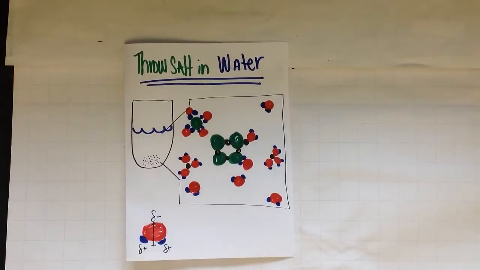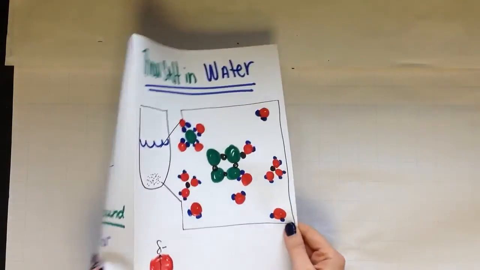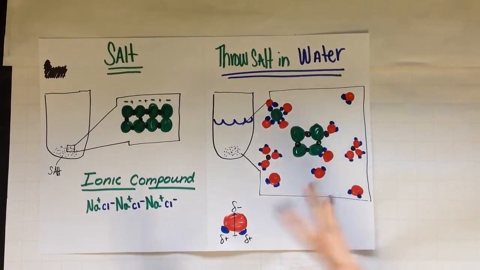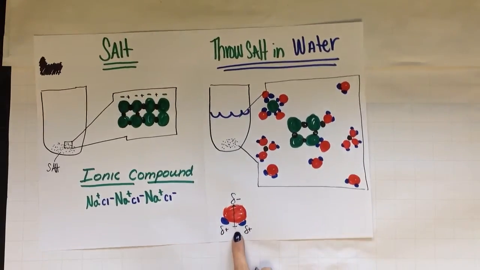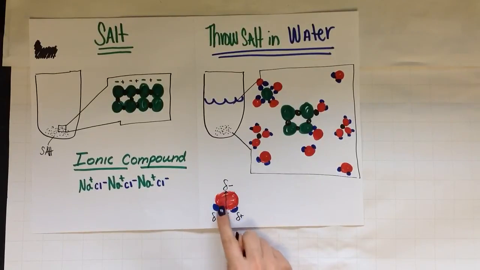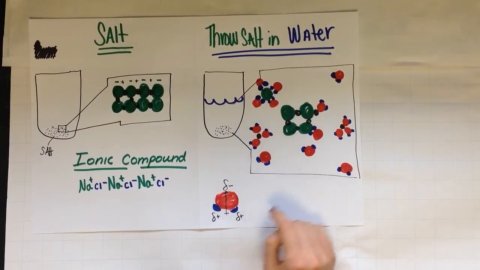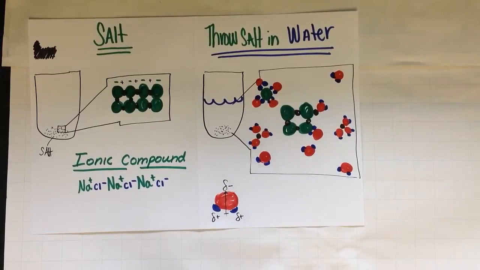Now I'm going to throw that salt into water, and what happens? As you see, my salt appears to get eaten away. What's really happening is the water is attacking the salt. The water itself, here's my water molecule, has very strong covalent bonds, so the water doesn't break apart. But the water is able to break apart these ionic bonds. They surround different parts of the salt.